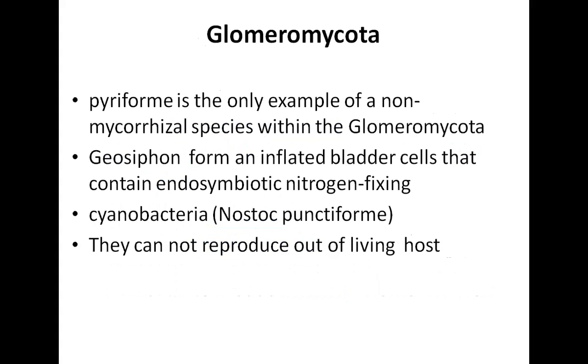Glomeromycota has one exception, Geosiphon pyriforme. It is the only example of a non-mycorrhizal species within the group Glomeromycota. This slide has a slight mistake; this Geosiphon should be here.